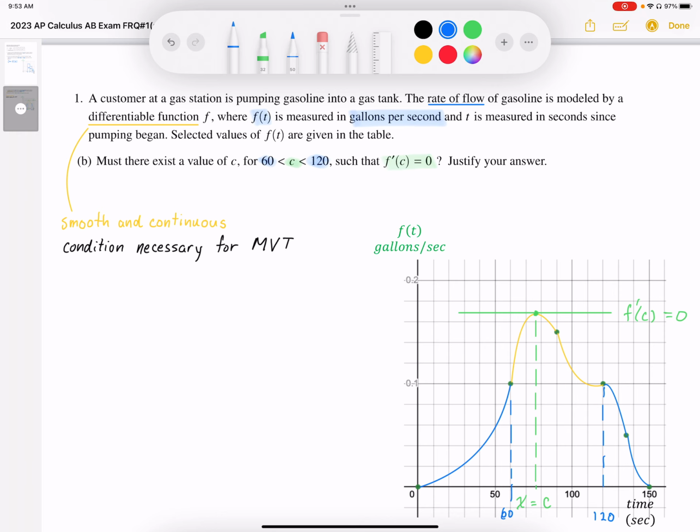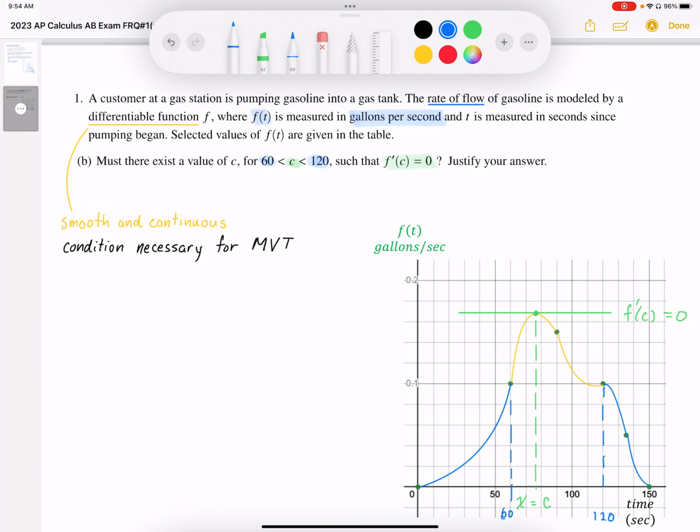where f prime of c is equal to 0. Well, f prime of c equal to 0 means we have a horizontal tangent. F prime represents the derivative of the f of t function. Since this is a differentiable function, this means that this function is smooth and continuous.